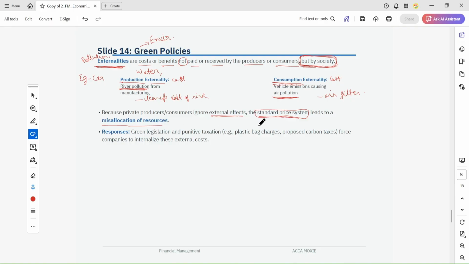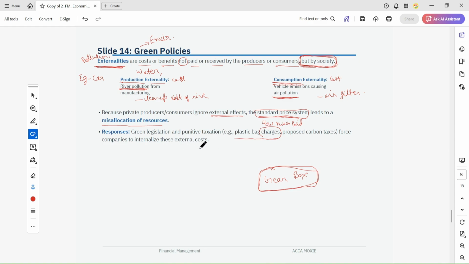So for example, if you manufacture a gearbox for a car, and when you try to sell that gearbox in the market, you have to pack that gearbox in a plastic bag, and you have to record how much you paid for that plastic bag.